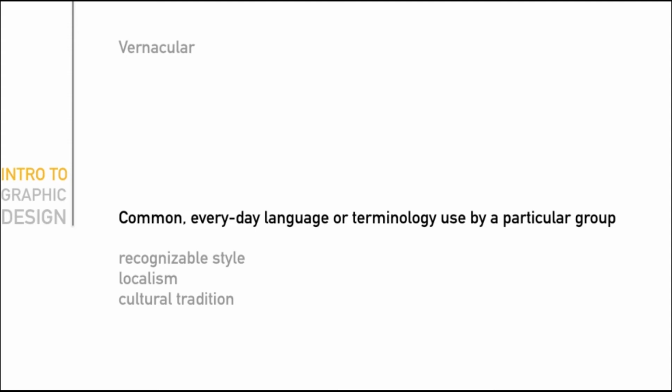So that is a recognizable style. It's a cultural tradition within Harley-Davidson owners. Same thing with people who buy their coffee at Starbucks and are very loyal to Starbucks. You're going to speak in the language and terminology visually that they understand.